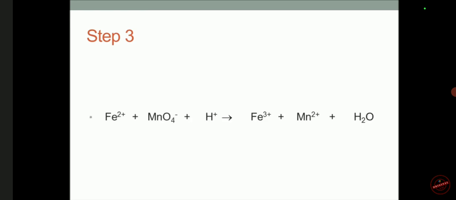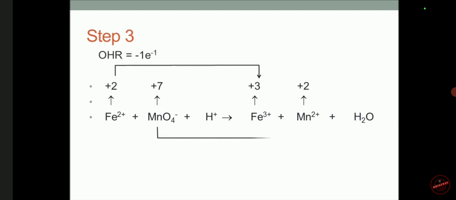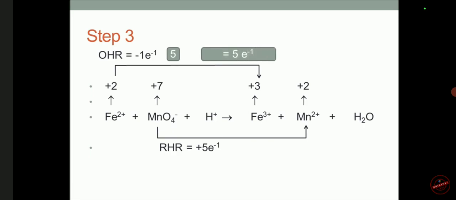Now, we can take a slightly different approach to the same reaction. We have done this earlier. Identify the oxidation numbers, oxidation half reaction, reduction half reaction. If you multiply the oxidation half reaction by 5, it will produce 5 electrons.